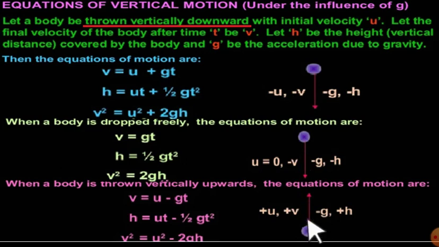This body is moving against gravity, so we have to take minus g only here. All the physical parameters except acceleration due to gravity are positive. Acceleration due to gravity is negative, so you put minus g here, and this term will be only minus. The others remain the same.